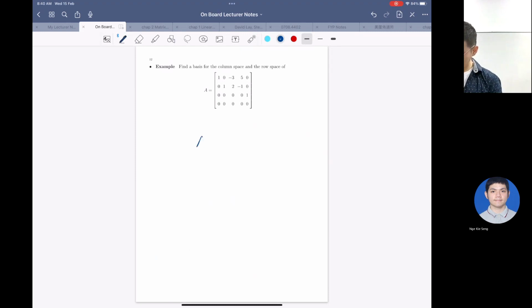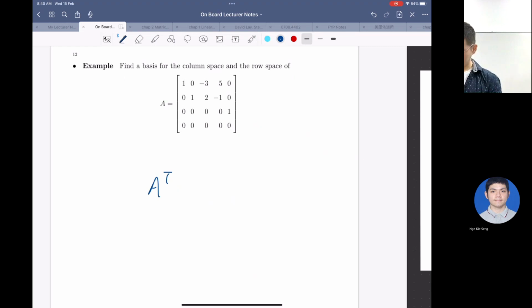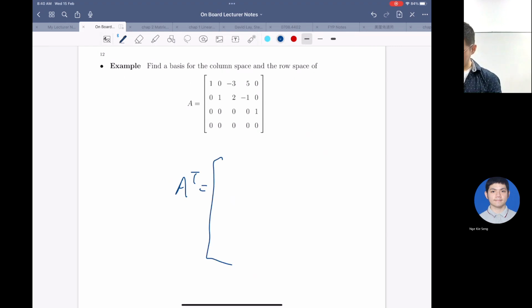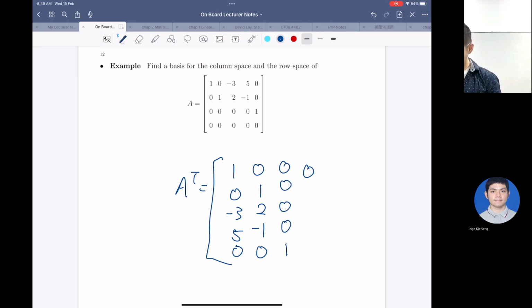So if you transpose this A, what do you get? You get 1, 0, -3, 5, 0, and then 0, 1, 2, -1, 0, 0, 0, 0, 0, 1, 0, 0, 0, 0, 0. Okay. So what's the pivot column for AT?